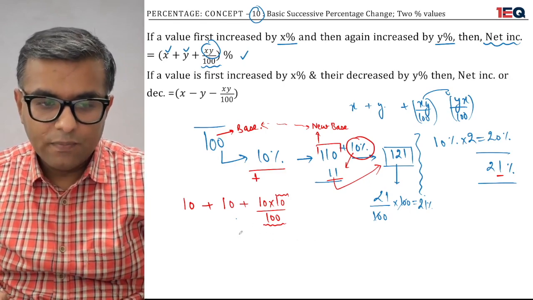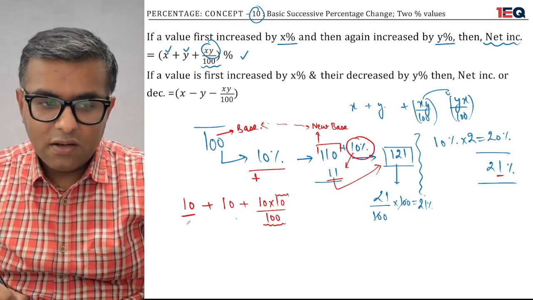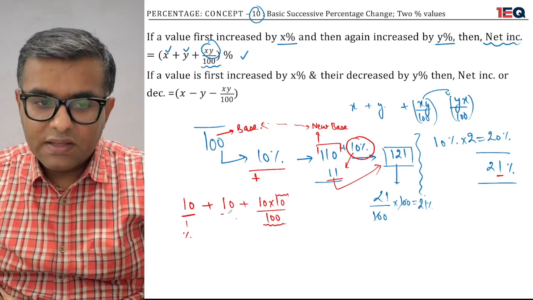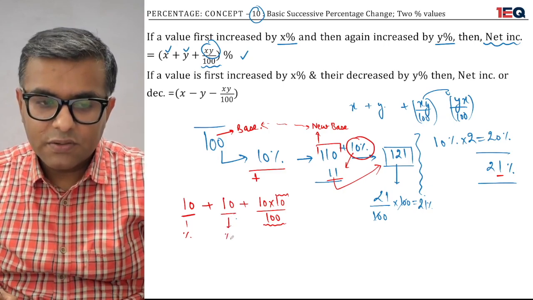So I'll tell you what. First 10 is a percentage. The second 10 is also a percentage.